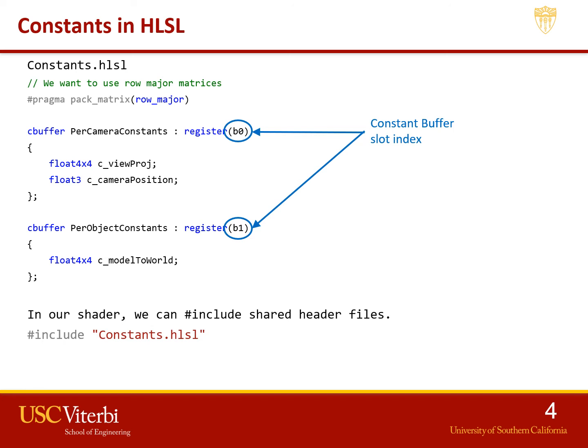So each object has its own model to world matrix. So I'll need to re-upload that register B1 every time I change objects. But register B0, that's only when I change the camera. So if I have a bunch of objects that are rendering with the same camera, I'll leave register B0 alone, and that can save me a lot of extra uploads that are not necessary.